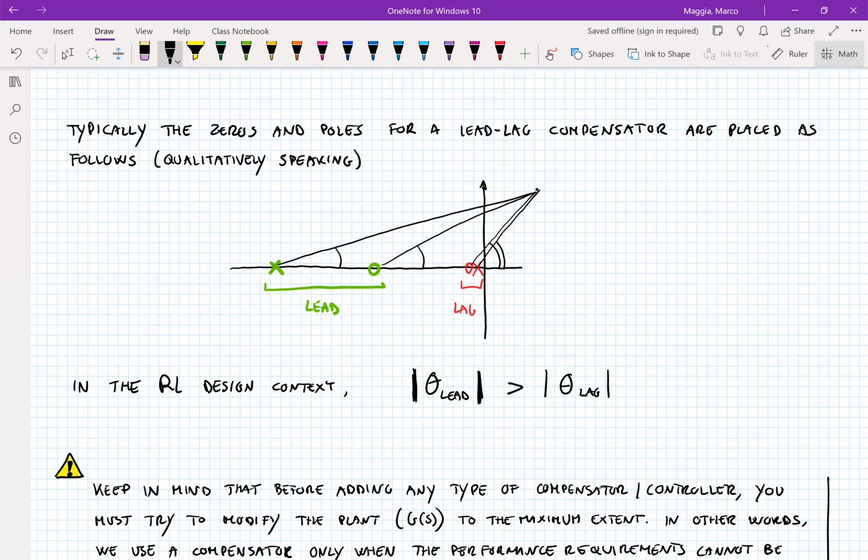In fact, the phase associated with the lag compensator is usually very small, most of the time less than 1 or 2 degrees. Here I'm using the absolute value because technically the phase associated with the lag compensator is negative.